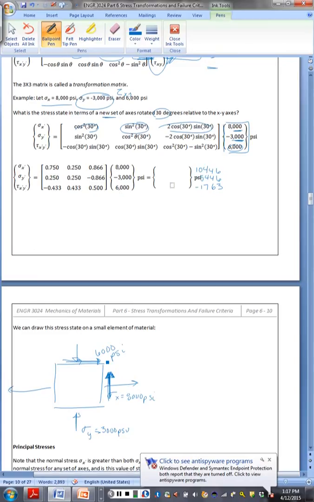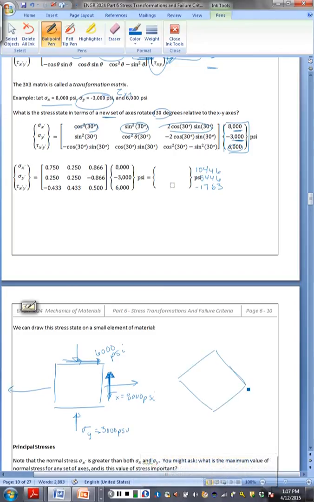Now, we rotate this by 30 degrees. So we have our new rotated element of material. Our sigma x prime, our new x direction, is a much larger 10,446 psi.